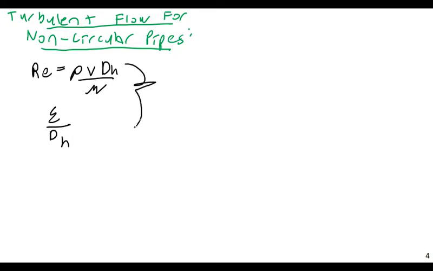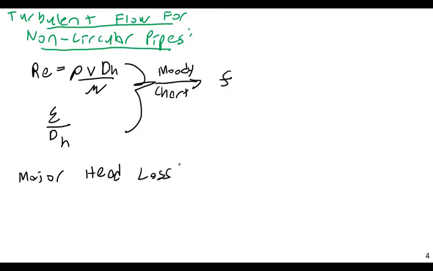We will feed both of these into the Moody chart, and from this we will get our friction factor F. Again, we'll still have the same equation for major head loss: HL major equals FLV squared over 2G DH. Same idea.